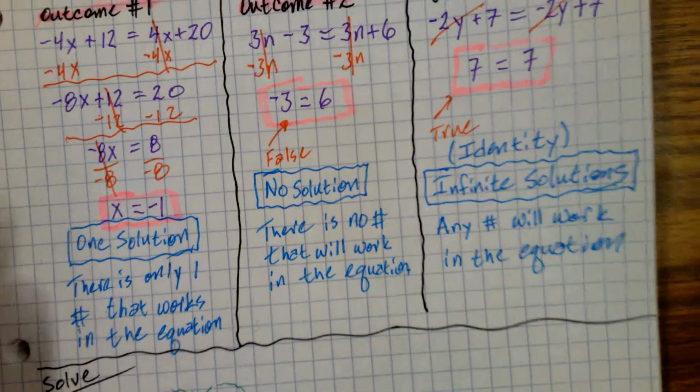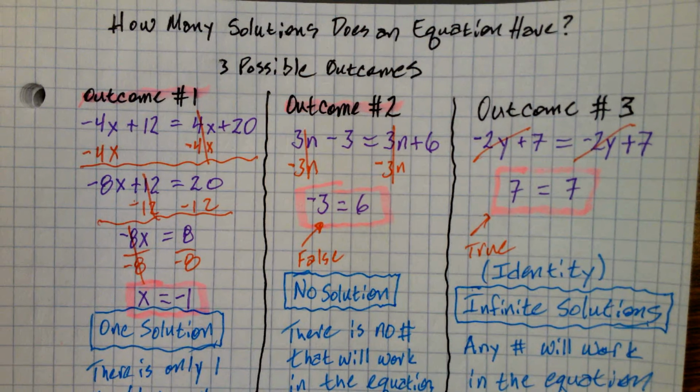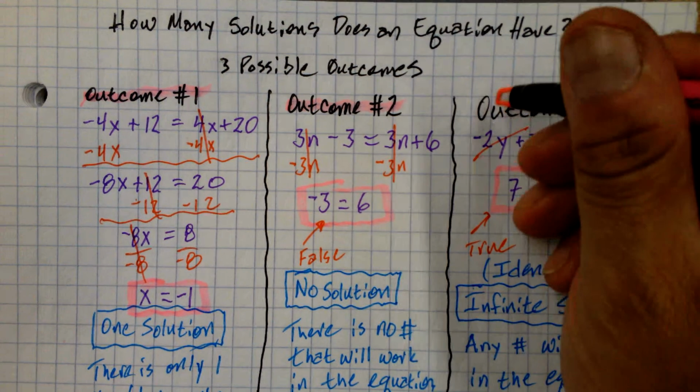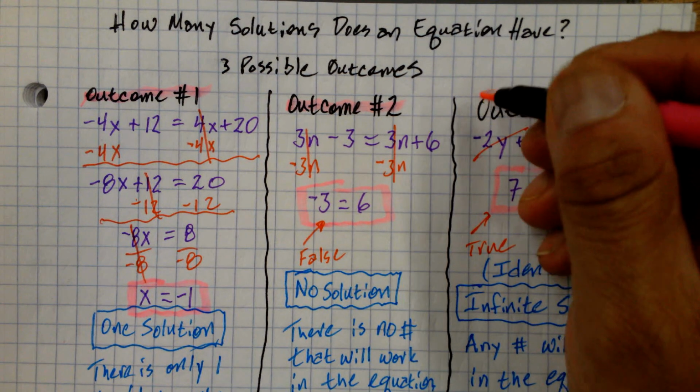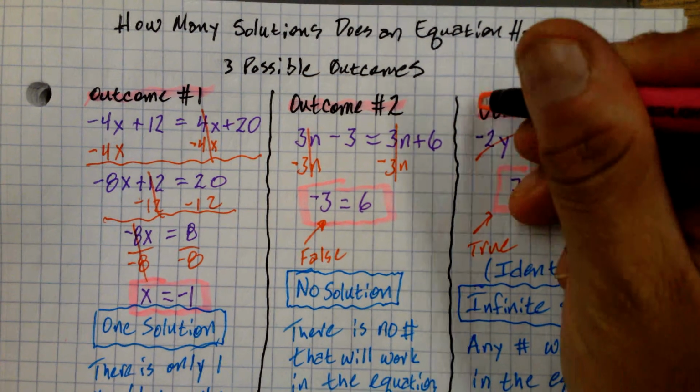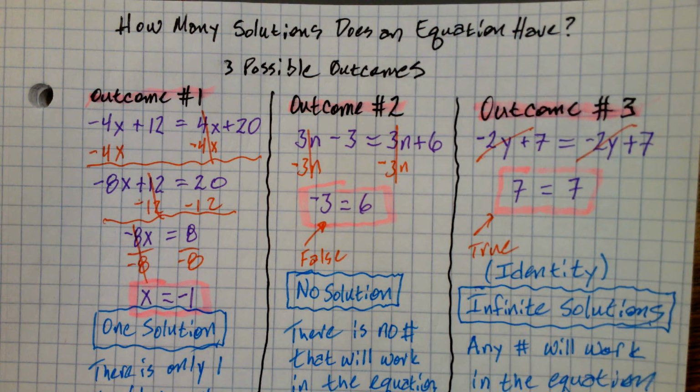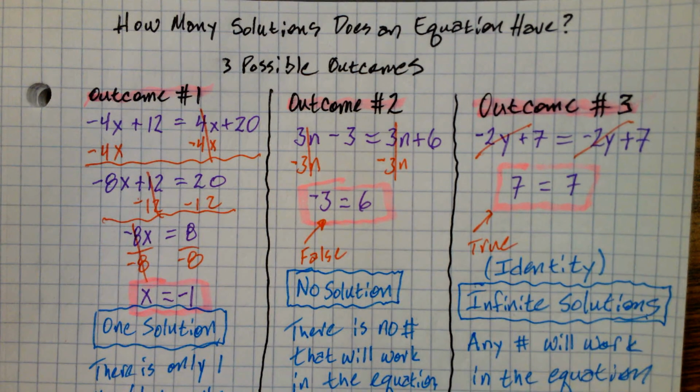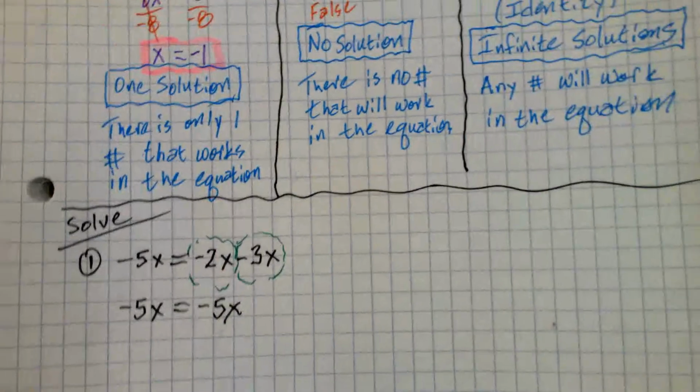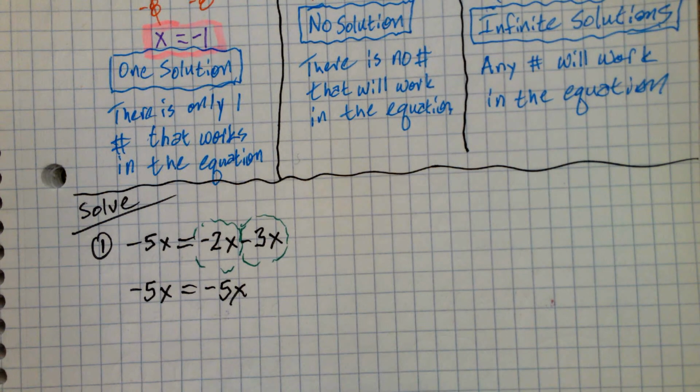Outcome 1, 2, or 3? Yeah, it fits number 3. We have identical things on both sides, even though it has variables. So it's an infinite solution. We could take it one step further, and then we would have 0 equals 0. But at this point, we could just say it's an identity.